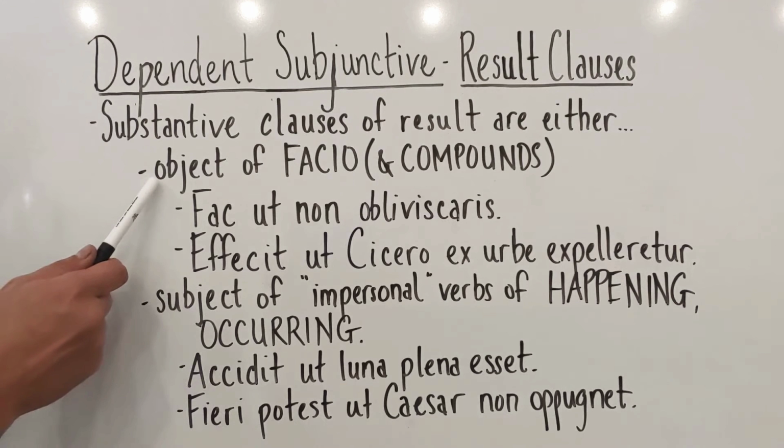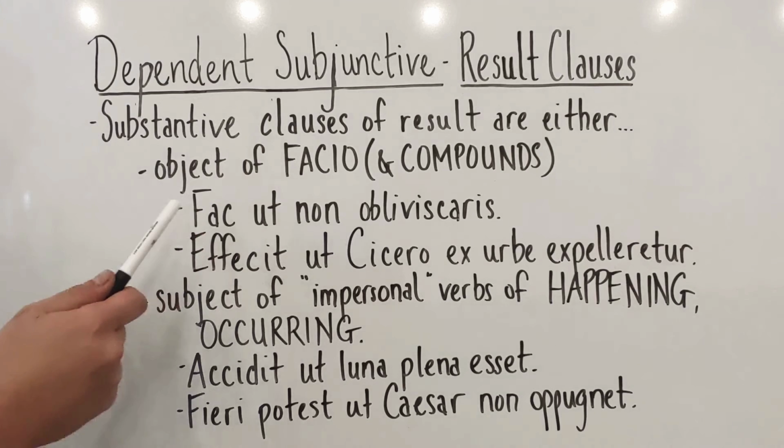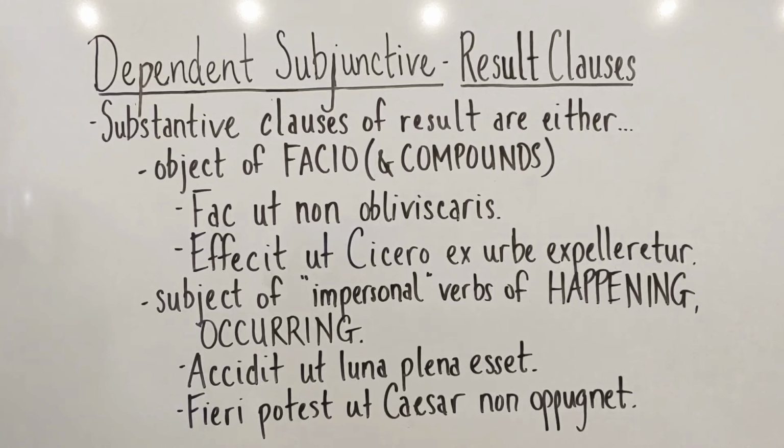So it can be an object. Remember, these are nouns. These clauses act like nouns. So either the object of a main introductory verb that is facio or a compound of facio, or these can be the subject of an impersonal verb of happening or occurring.